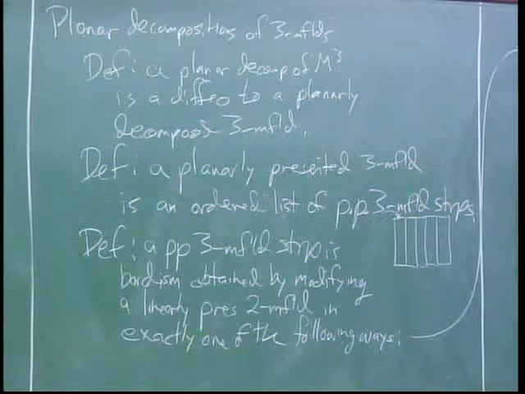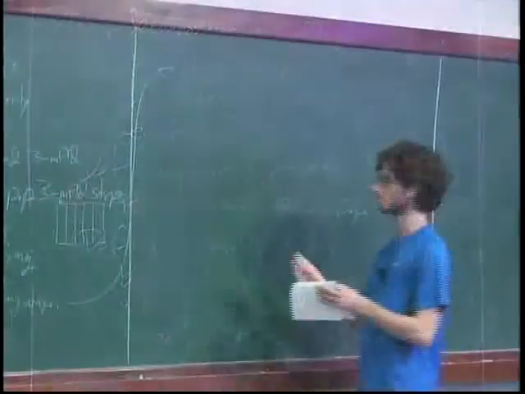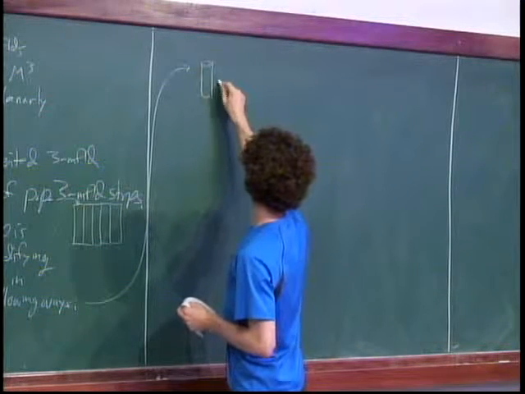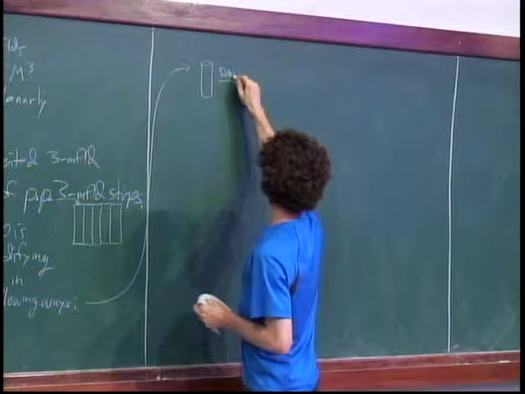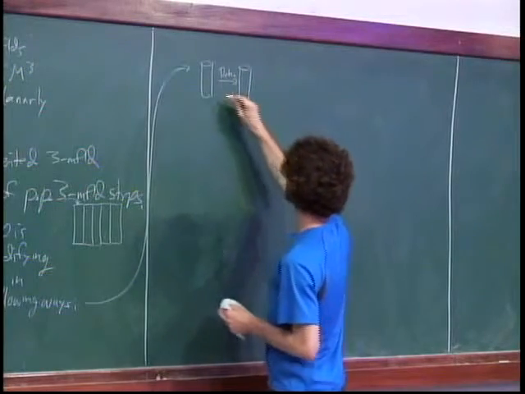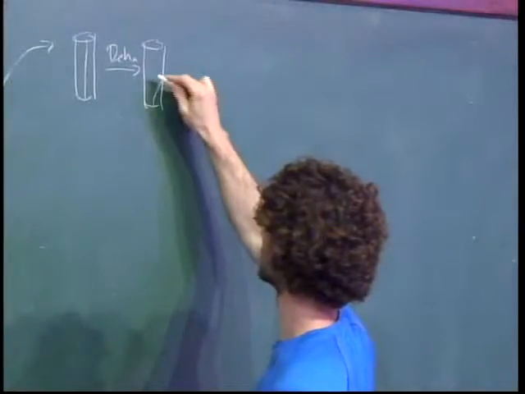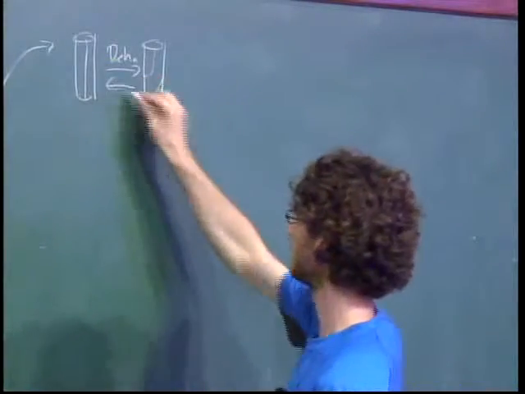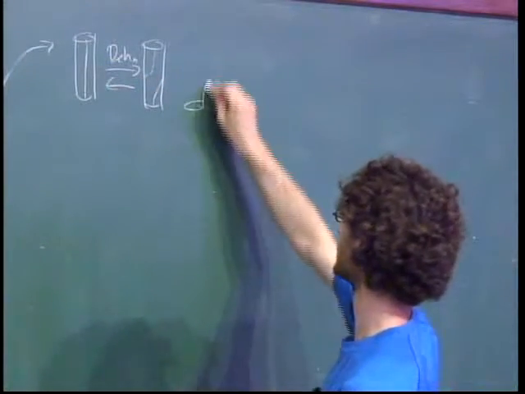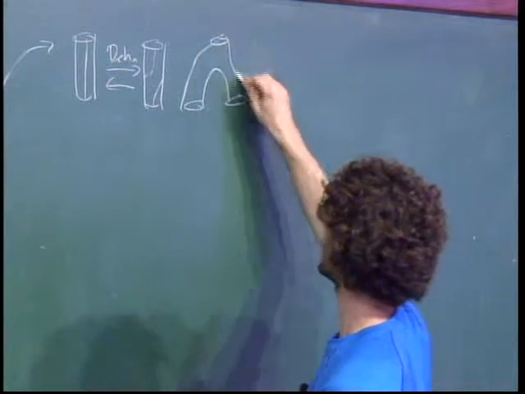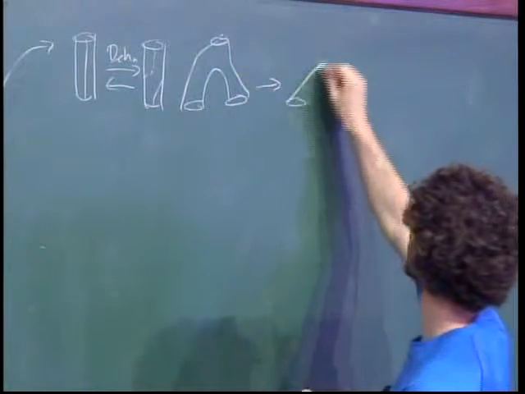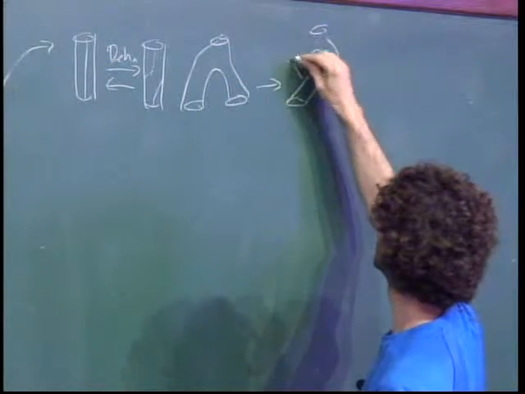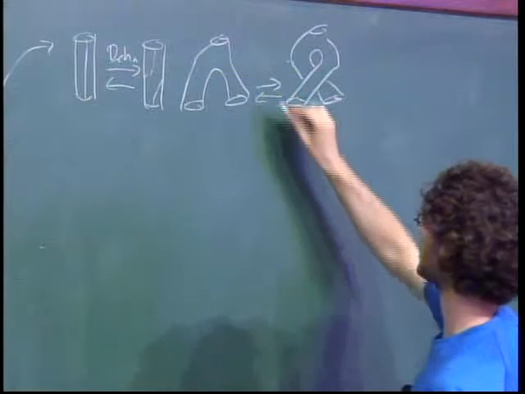So now what are the elementary bits of three-manifold we've been seeing? Well, we saw that there's a Dehn twist. So if I have a cylinder, I can do a Dehn twist on it, say this right-handed Dehn twist, and then there's the inverse. Or we saw that there's a braiding, so I can braid like that, or take the inverse braiding.